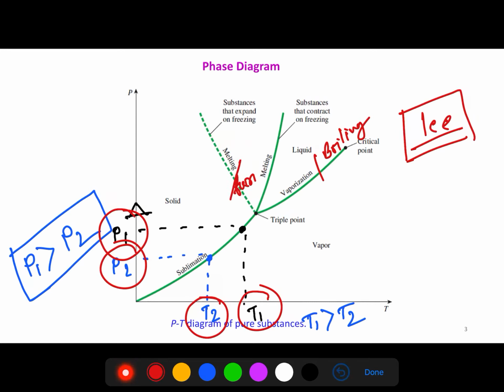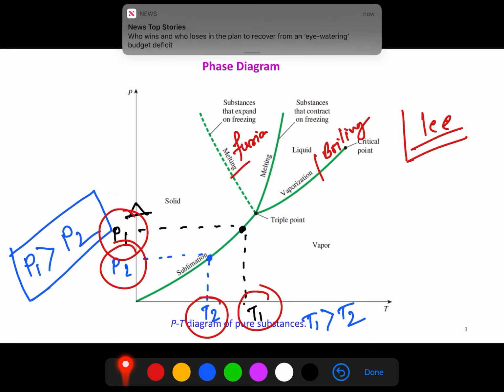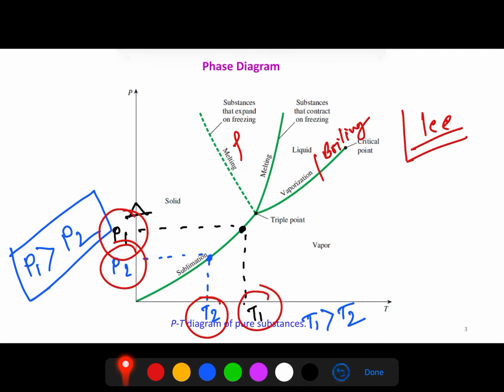From this solid phase to the liquid, you see that with the increase of the pressure, the temperature will decrease, and that is the negative slope. It will give us a negative slope like this. For better understanding, I can draw it like this.